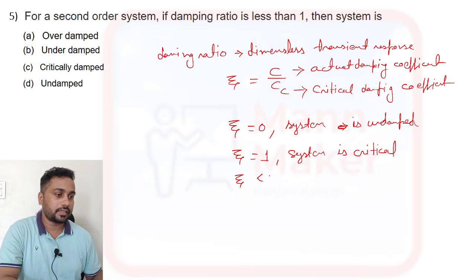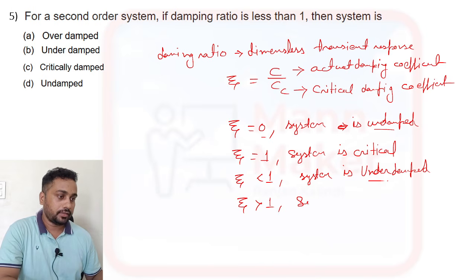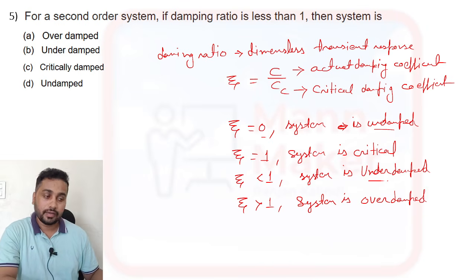When zeta is less than 1, the system is called underdamped. So we have undamped when it is 0, and underdamped when it is less than 1. And when it is greater than 1, the system is called overdamped.